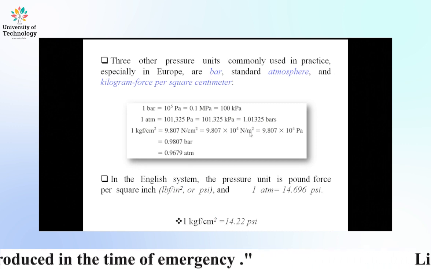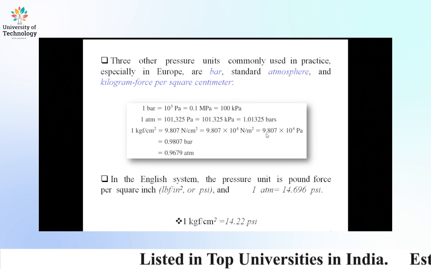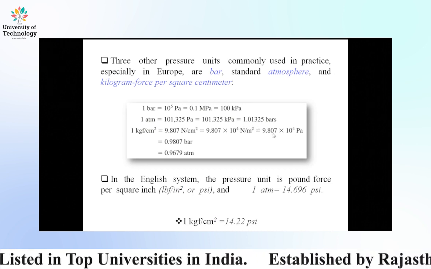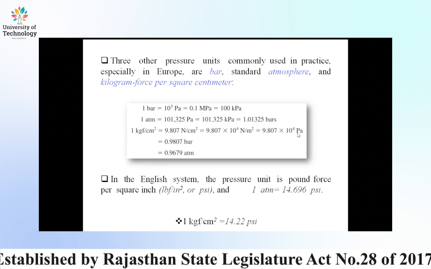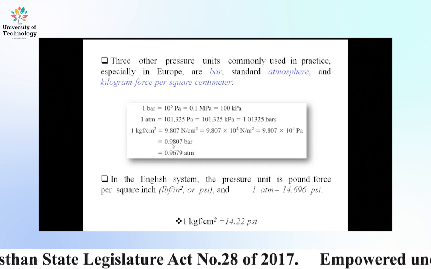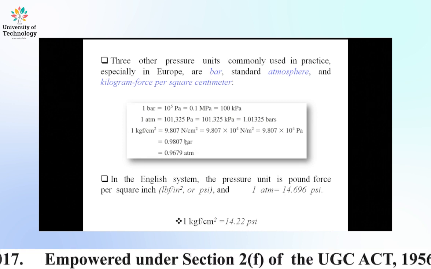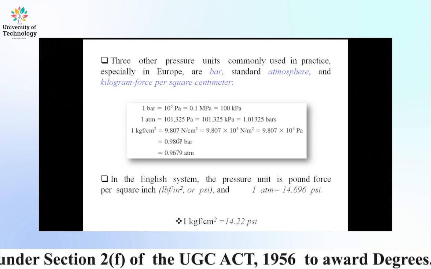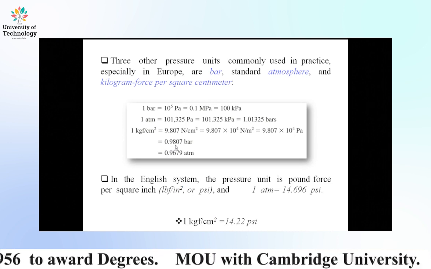So we convert it into Pascal. 1 Newton per square meter equals 1 Pascal. So 9.807 into 10 to the power 4 Pascal. Divide it by 10 to the power 5, we get bar, since 1 bar equals 10 to the power 5 Pascal. So 1 kilogram force per square centimeter is equal to 0.9807 bar.